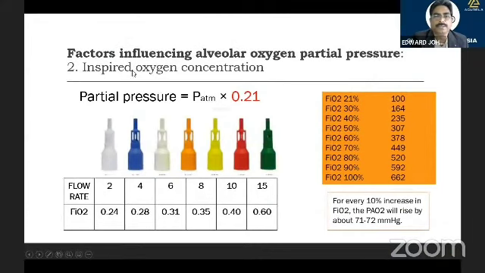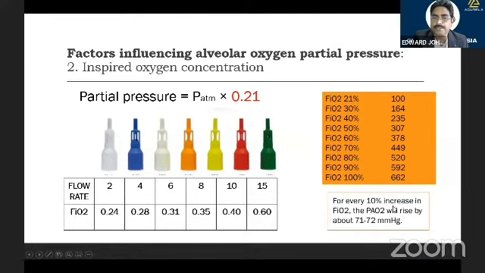The second factor is the inspired oxygen concentration. Suppose you increase the inspired oxygen concentration. See here, if the inspired oxygen concentration is 21%, the alveolar oxygen partial pressure is around 100. If you increase it to 100%, it comes to around 663 mm of mercury in the alveoli.